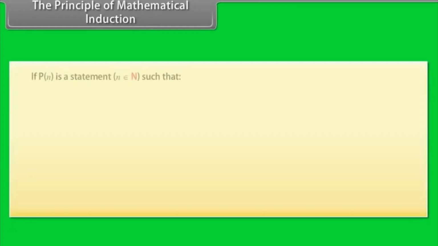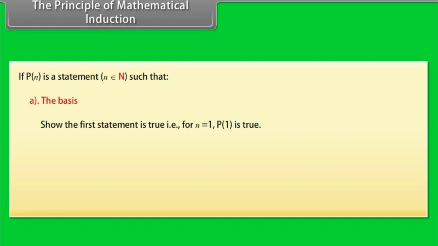The principle of mathematical induction. If Pn is a statement, n belongs to capital N, such that the base case shows the first statement is true, that is, for n is equal to 1, P1 is true.